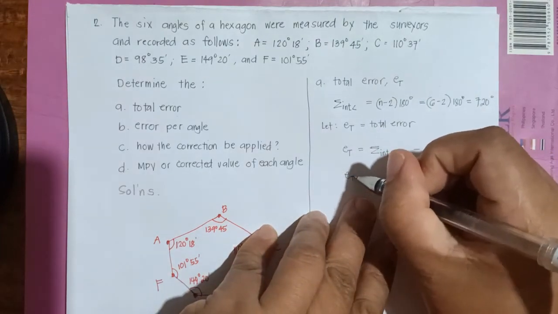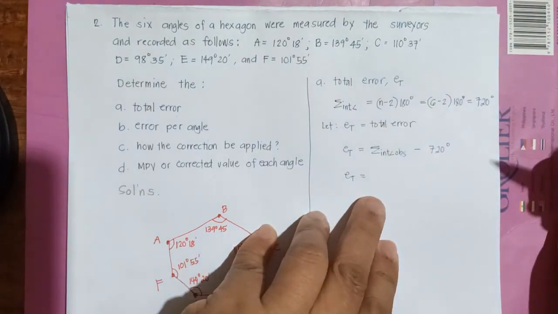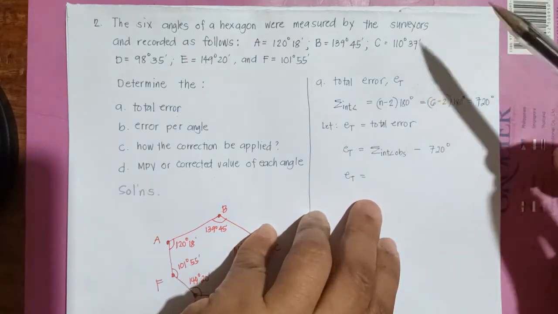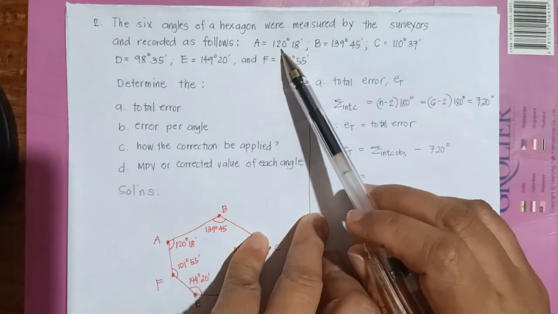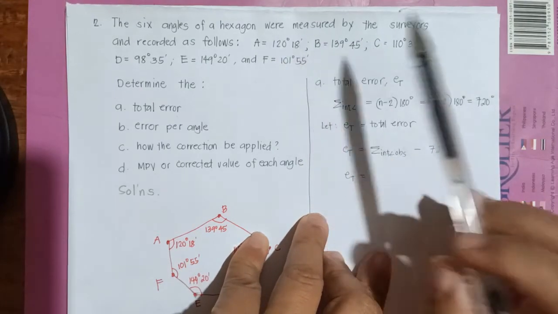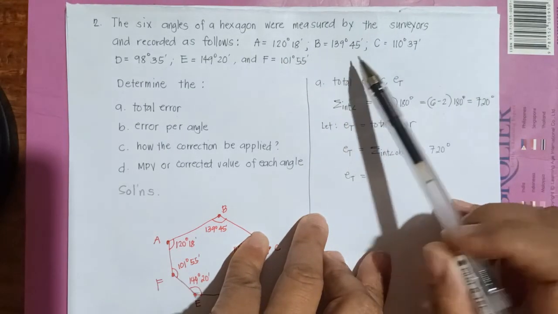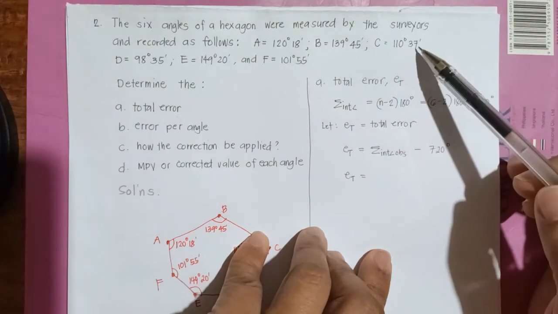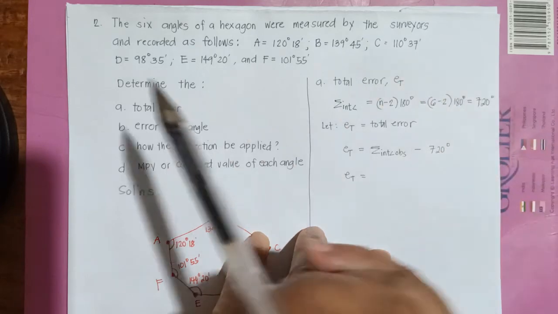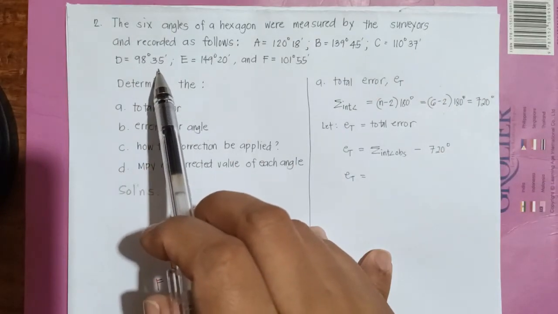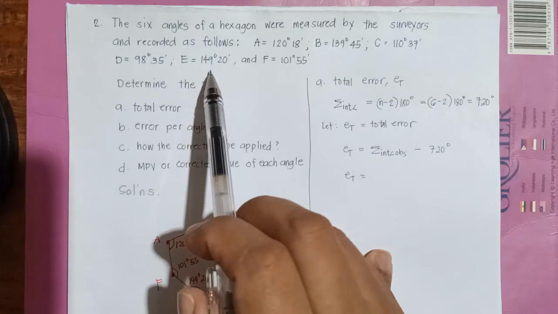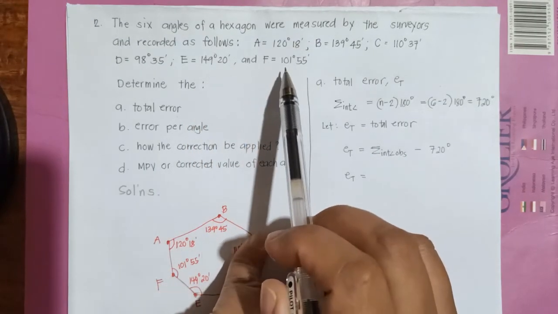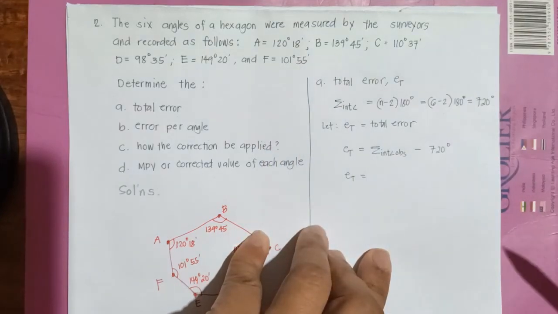You have E sub t, or the total error, is equal to, I will no longer write it one by one, but I will just read it. 120 degrees 18 minutes, plus 139 degrees 45 minutes, plus 110 degrees 37 minutes, plus 98 degrees 35 minutes, plus 149 degrees 20 minutes, plus 101 degrees 55 minutes.